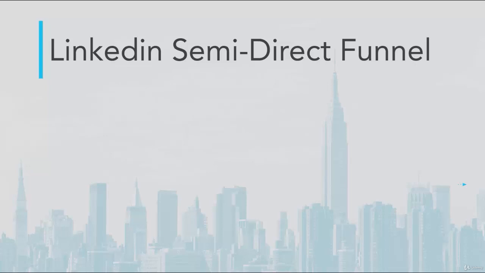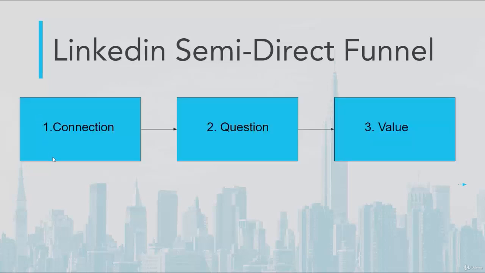So it's a 3-step funnel, but there's just a couple different things that we need to do here. So the process is, the first one here is the connection, okay? This is where we're just inviting them to connect, seeing if they'd be open to connecting, accepting us into their network. Number 2 is a simple question.